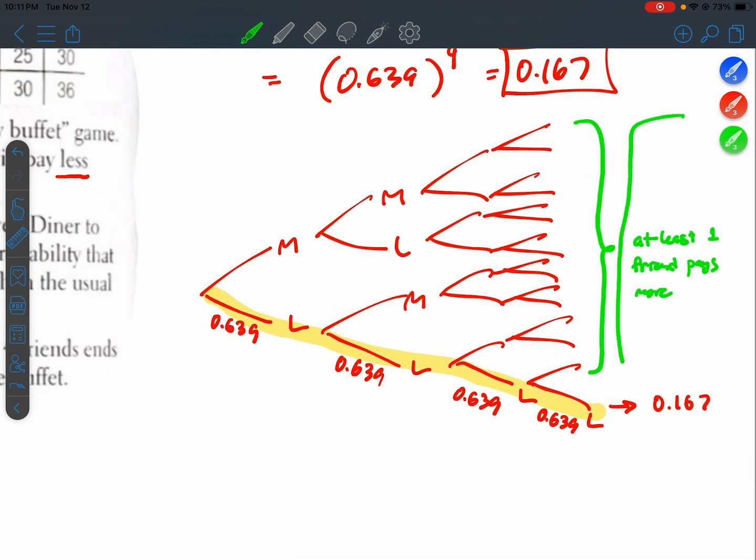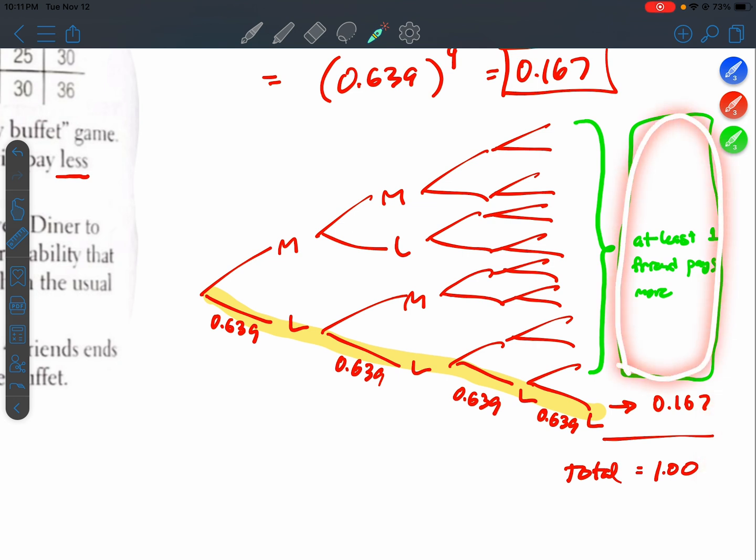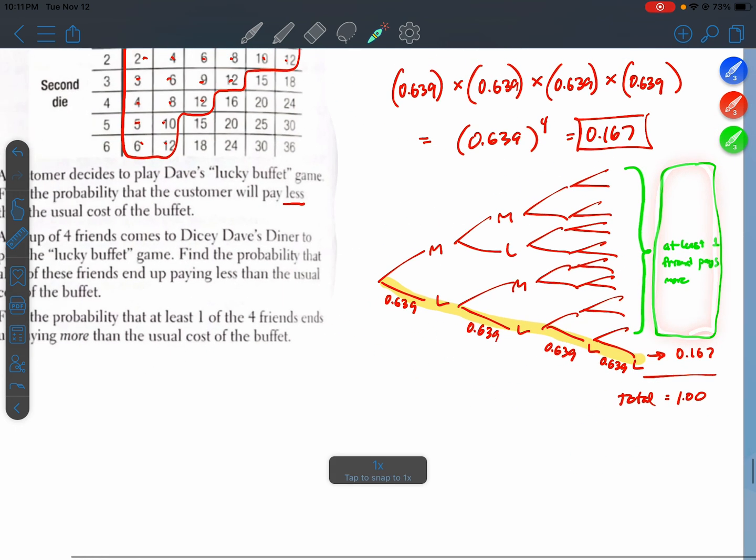There's a bunch of probabilities here, 15 of them. And then remember that the total has to equal 1. So we can work backwards. We know the total is 100%. We know the probability of this one outcome where everybody pays less. So if we just find the difference of these, then we'll know the probability of at least one friend paying more, right? We'll know the sum of these 15 probabilities.